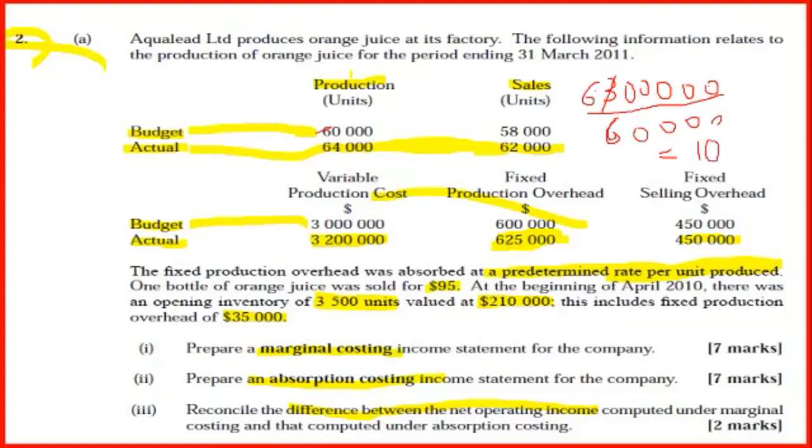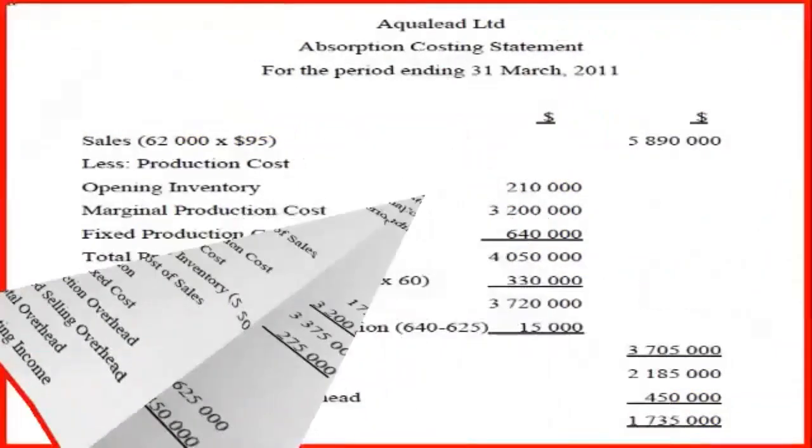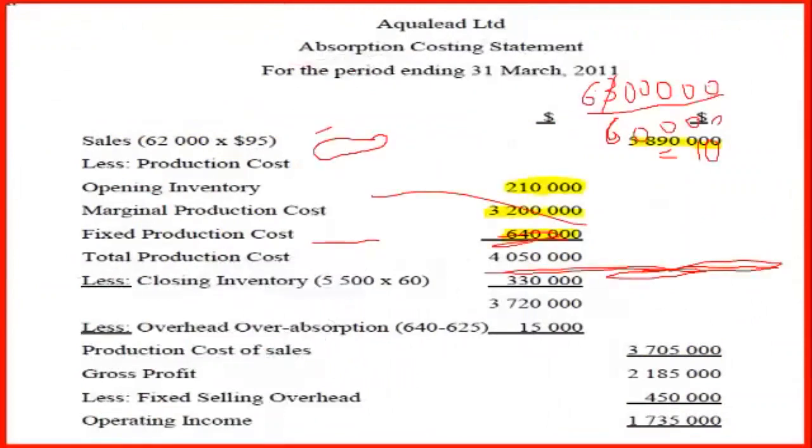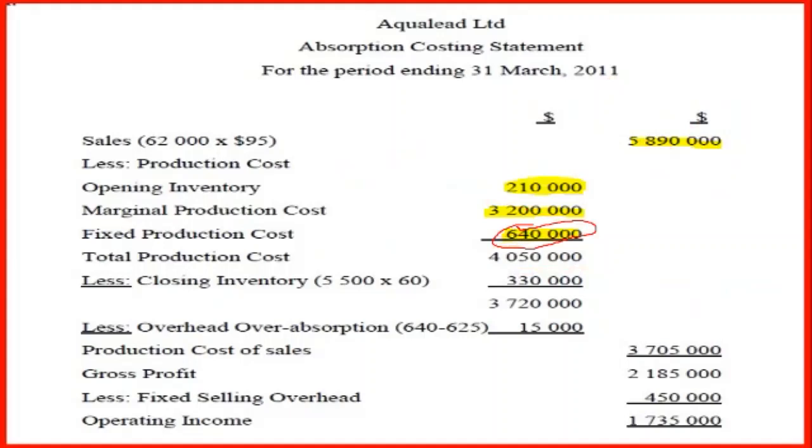So it'll be $10 per unit, and you have 64 actual here. So that's how you get this 640 here. Okay, I'm marking up this thing too much. Right, and now total production costs using absorption will be 4.